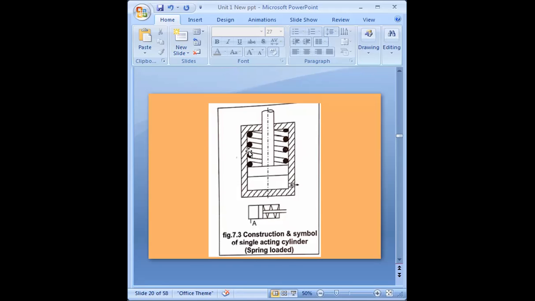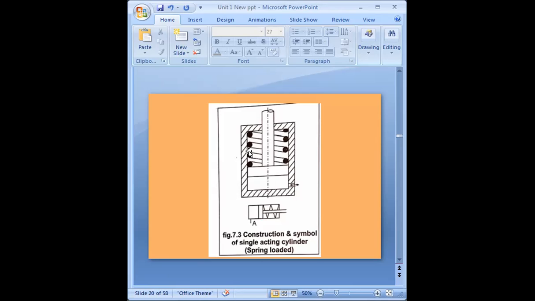Normally this type of hydraulic cylinder is used for comparatively low load applications, as compared to the plunger or ram type hydraulic cylinder, wherever lower loads are there. For that purpose, you can use a single acting cylinder with single piston rod. This cylinder may be gravity return or spring return.